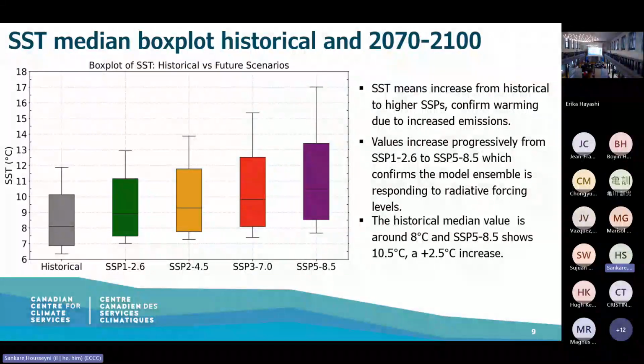This confirms that SST projection responds to the level of greenhouse gas emissions.